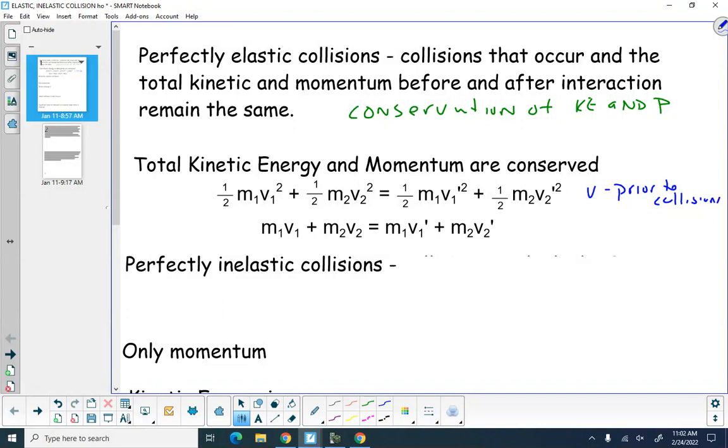Your V is your velocity prior to collision. Your V prime is your velocity after collision.